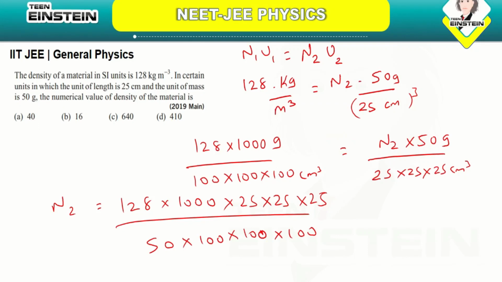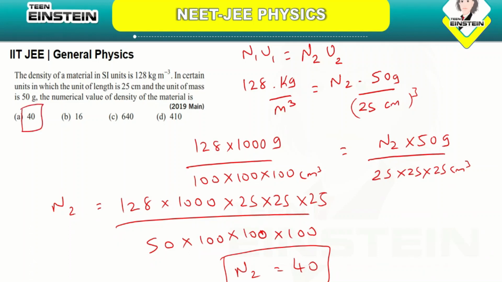So, when you solve this, just a mathematical solution, cancelling the common terms, you will be getting the N2 value as 40. So, the numerical value of density of the material is 40. So, the correct answer is option number A.